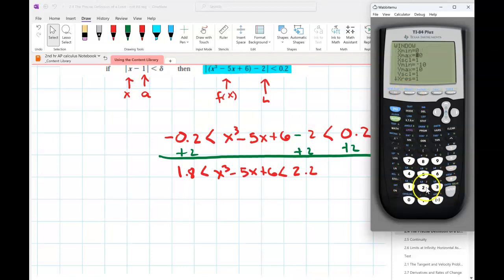Now I'm going to cheat a little bit because I know where this lives. There's my function. I guess we need to be a little bit more precise than that.